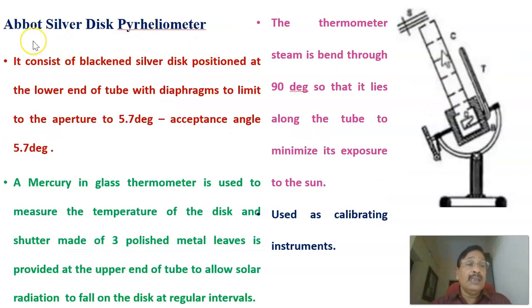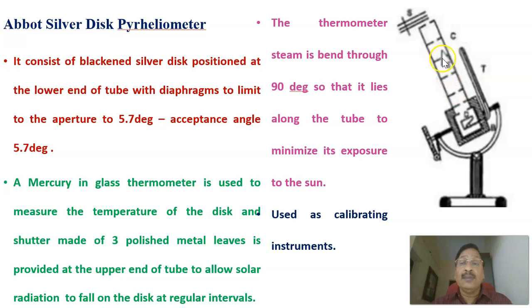The second type is the Abbot silver disc pyrheliometer. It consists of a blackened silver disc positioned at the lower end of a tube, with diaphragms to limit the aperture to 5.7 degrees.